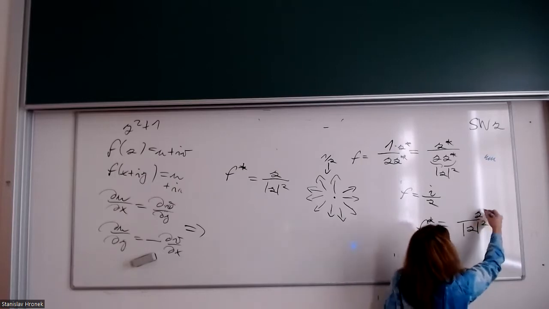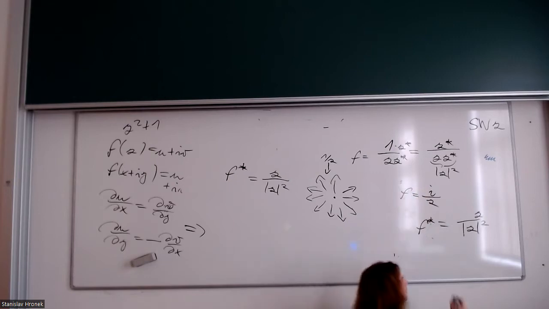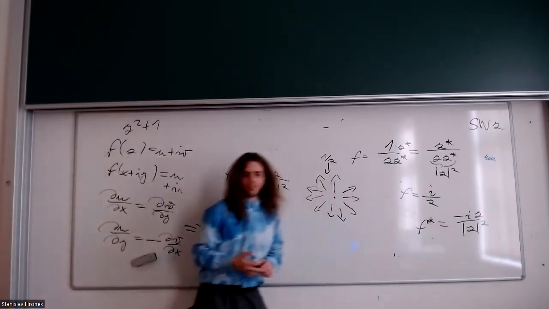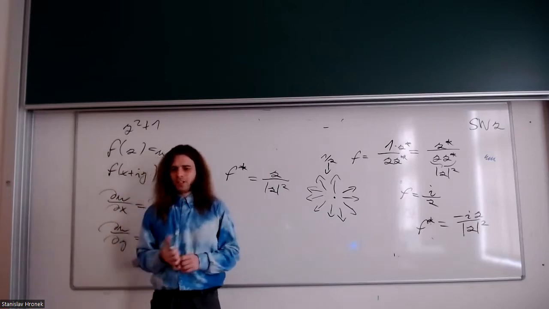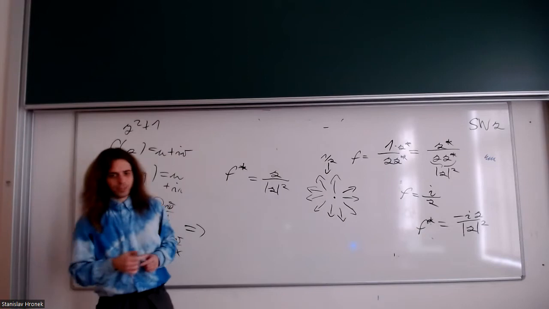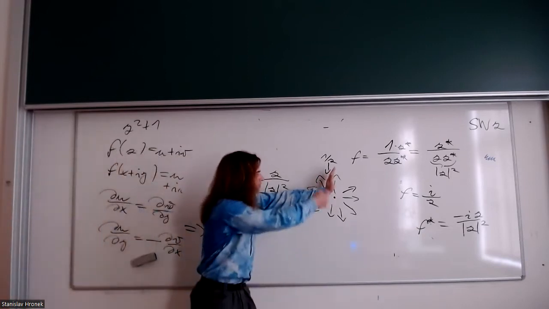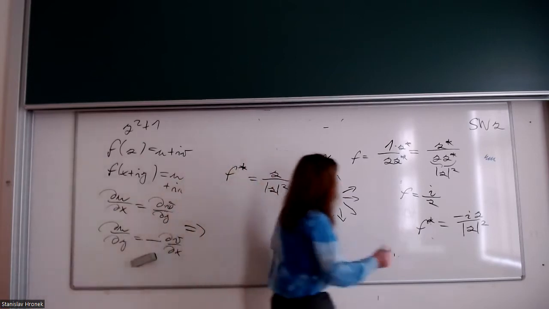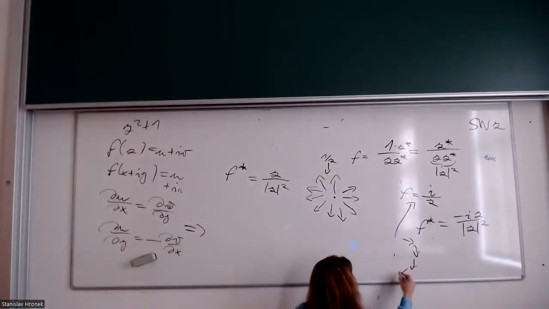Here, we just rewrite this, and that i will be complex conjugated as well, so we will get a minus i in the end. So if we multiply it by i, we will get a vortex, but it is a vortex that is going clockwise, not counterclockwise, of course, because we have tilted the vectors by not plus pi over 2, but minus pi over 2. So this corresponds to a clockwise vortex.